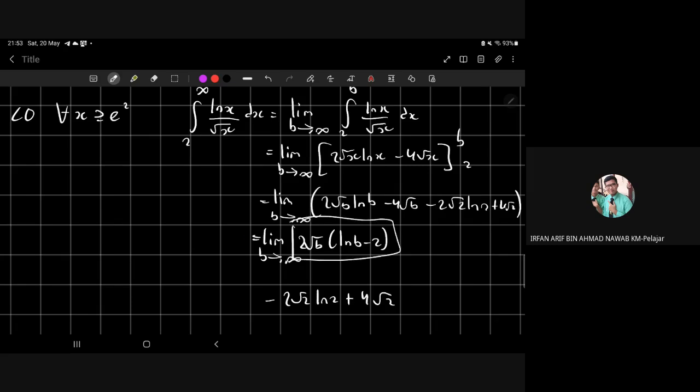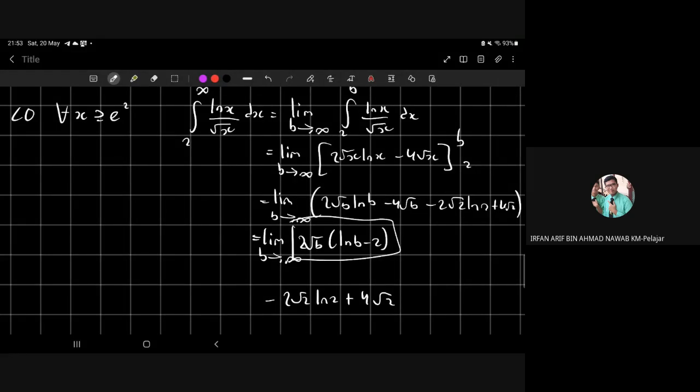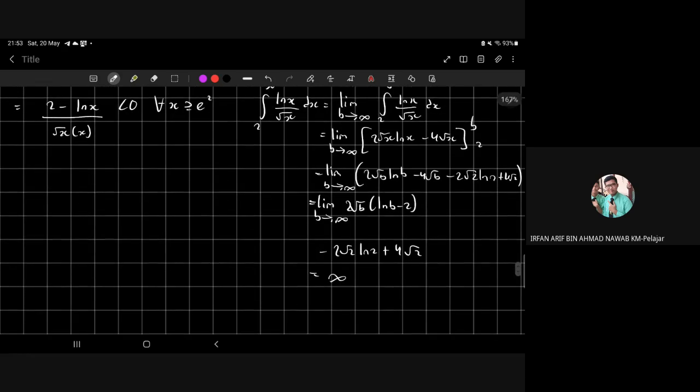Now for this term, ln b approaches infinity, and infinity minus 2 is still infinity, and 2 square root of b is infinity, so infinity times infinity is still infinity. It will be a much larger number, so the term is still infinity. In improper integrals, if the resulting integral is equal to infinity, then it means it diverges. Therefore, from the integral test, the series diverges.